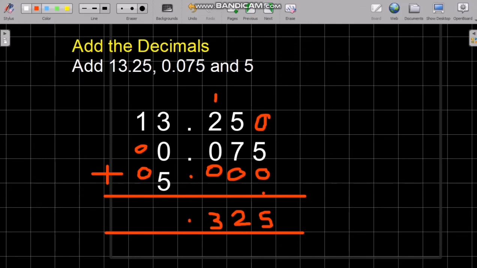Now we write the decimal point. We add the ones place numbers, that is 8, and the tens place number, that is 1. Now this is 18.325 by adding the numbers. This is how we align the decimal numbers and add the decimals.